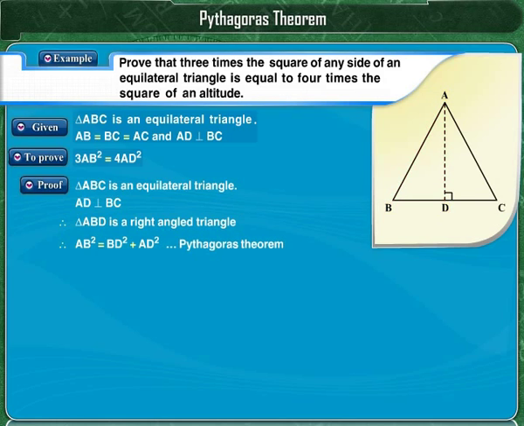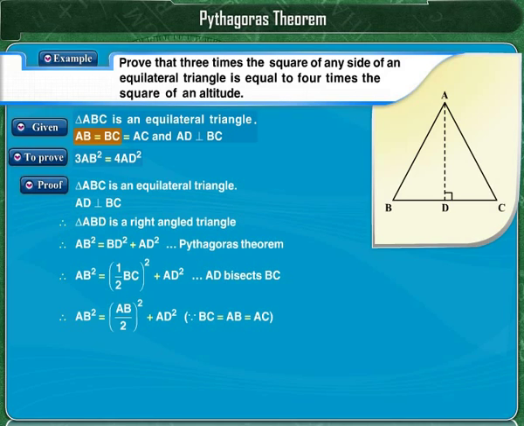That is, AB squared equals (half BC) squared plus AD squared, which is equal to (half AB) squared plus AD squared, since AB is equal to BC. By solving, we get 3 into AB squared is equal to 4 into AD squared.